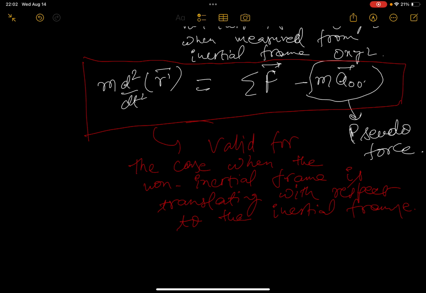Even though the external force observed by you acting on the book inside the car will be 0, still there is some kind of acceleration that you observe. I have discussed this example in my earlier video on Newton's first law.